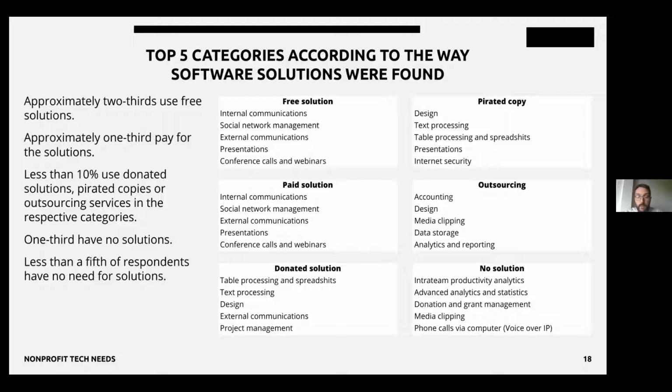So we in Catalyst Balkans are promoters of open source software, but that also requires big time investment, and many organizations are reluctant to invest that time.